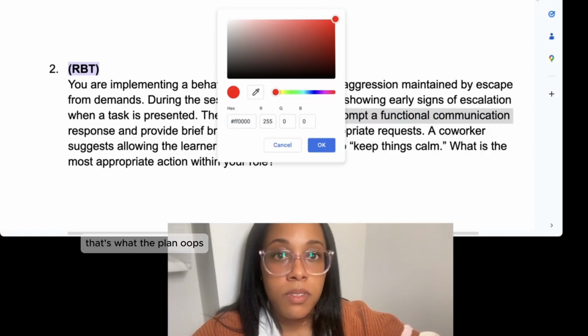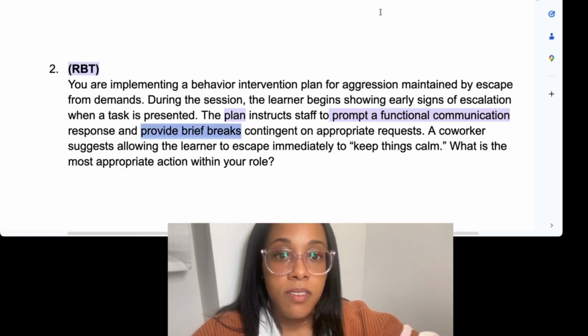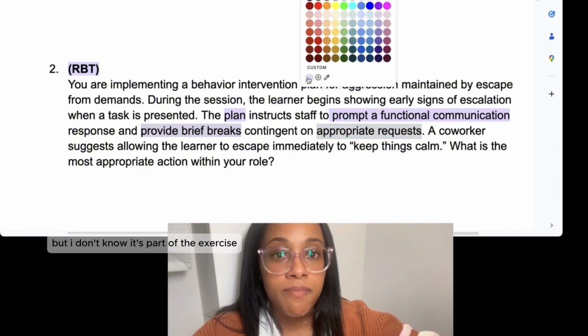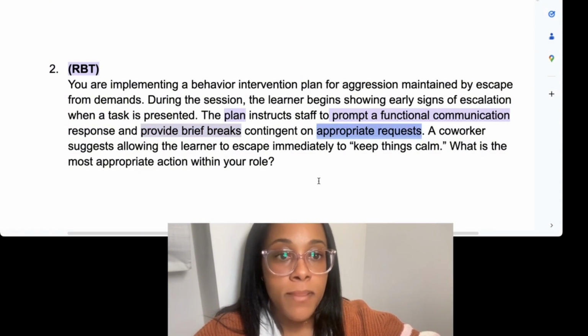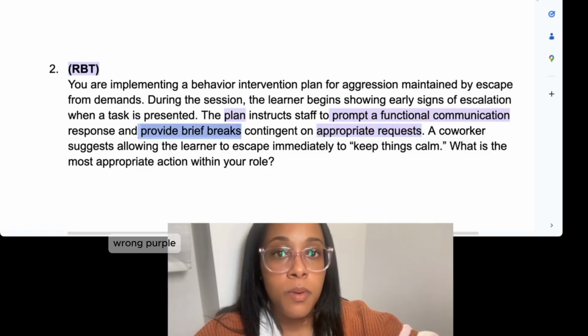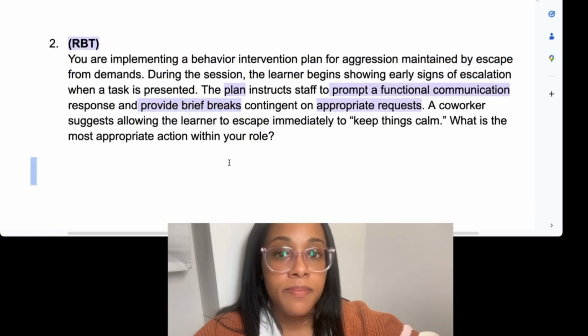That's what the plan says to do, and the RBT is following the plan. And provide brief breaks. Okay. Even when I'm doing this with you guys, sometimes I feel like I highlight too much, but it's part of the exercise. Coworker suggests allowing the learner to escape. Oops, wrong purple. What is the most appropriate action?